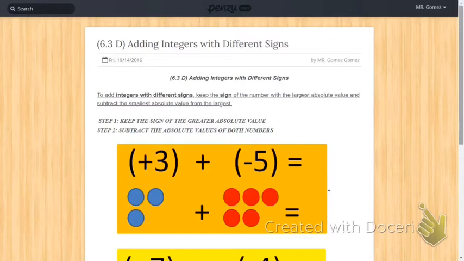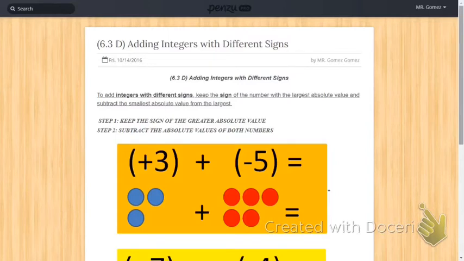When we're adding integers with different signs, for example this problem, positive 3 plus negative 5, the first thing we do is find the absolute value of each number so we can see which one is greater.